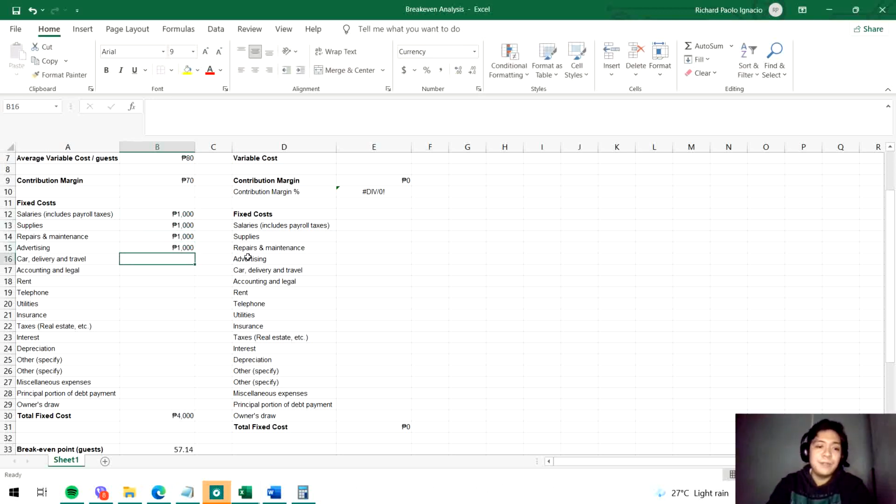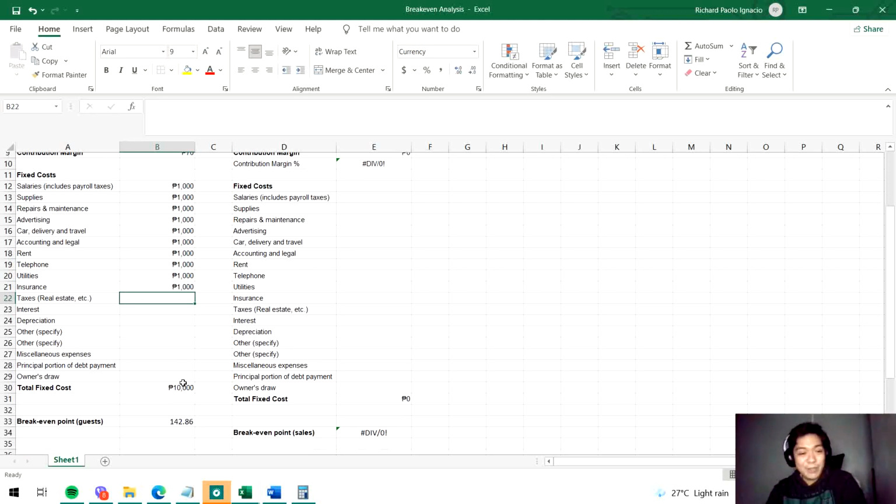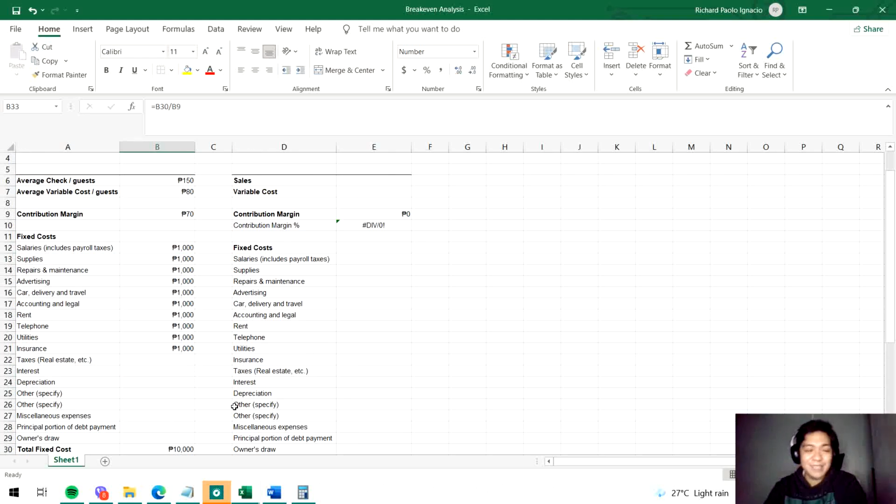This is just an example para makakuha tayo ng 10,000, no? Okay, lapit na. 8, 9, 10. Ayan. Sorry, may computation na lumalabas. No? Pero i-explain ko yan. So, for example, in our business, we accumulated 10,000 pesos of fixed cost.